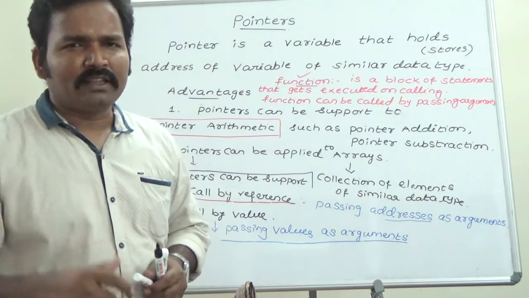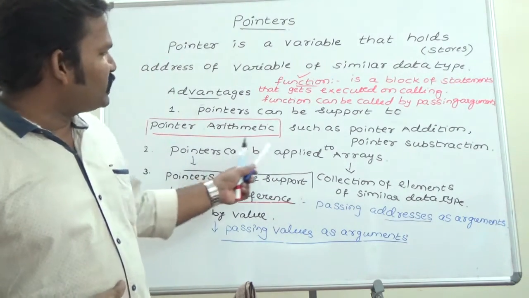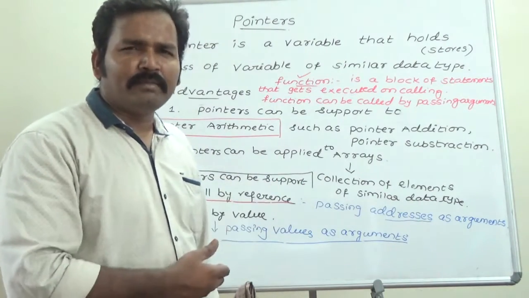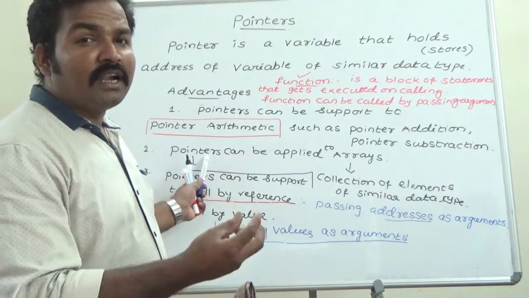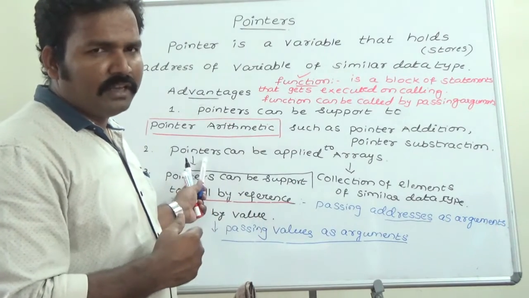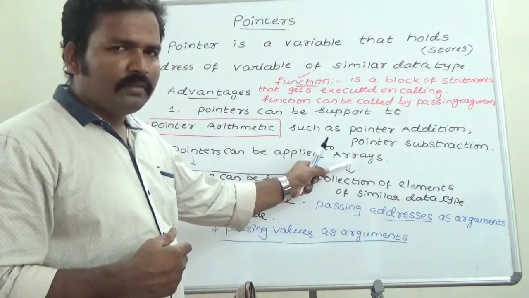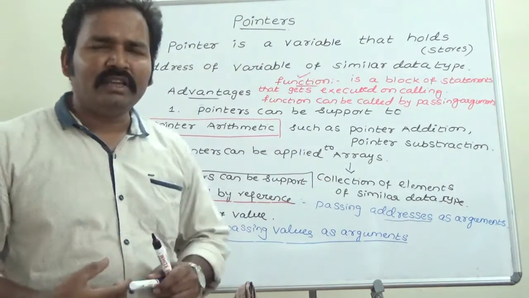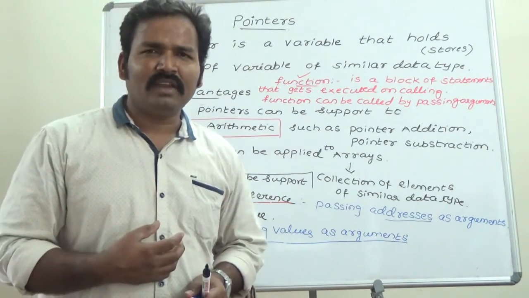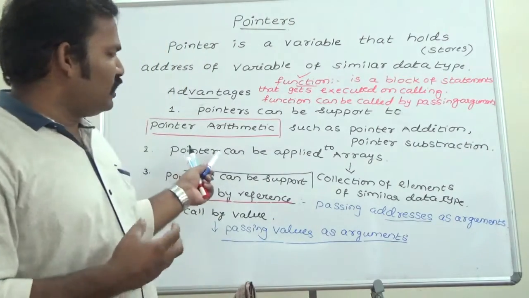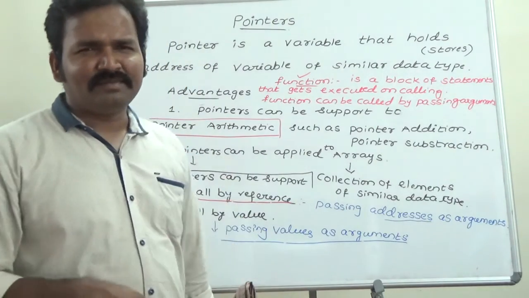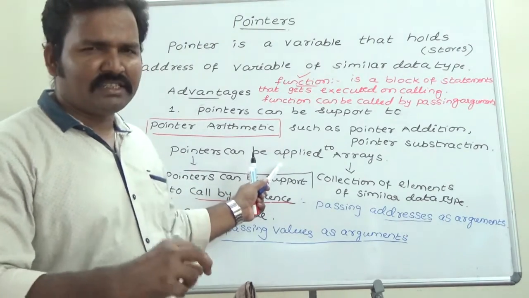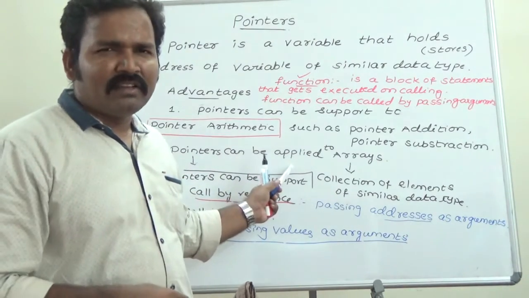Next, pointers can be applied to arrays. An array is a collection of elements of similar data type. A pointer is a variable that holds the address of another variable. So we can access array elements by using pointers. That is called pointers and arrays. I will explain pointers and arrays in detail in the coming sessions.